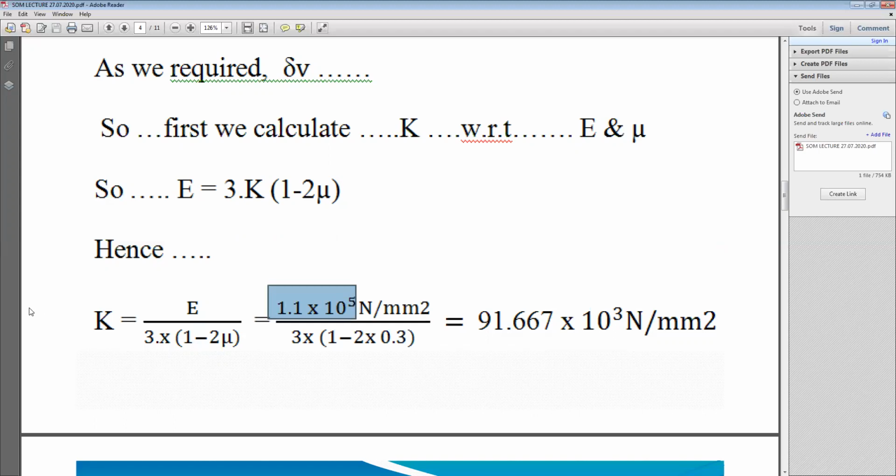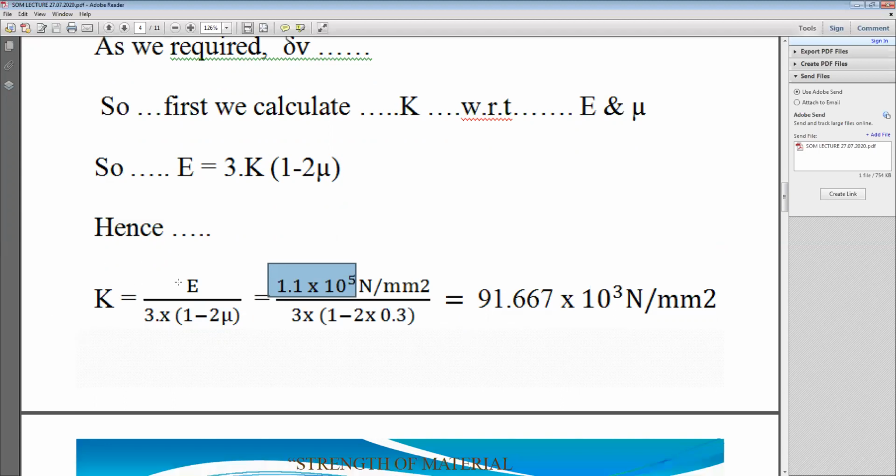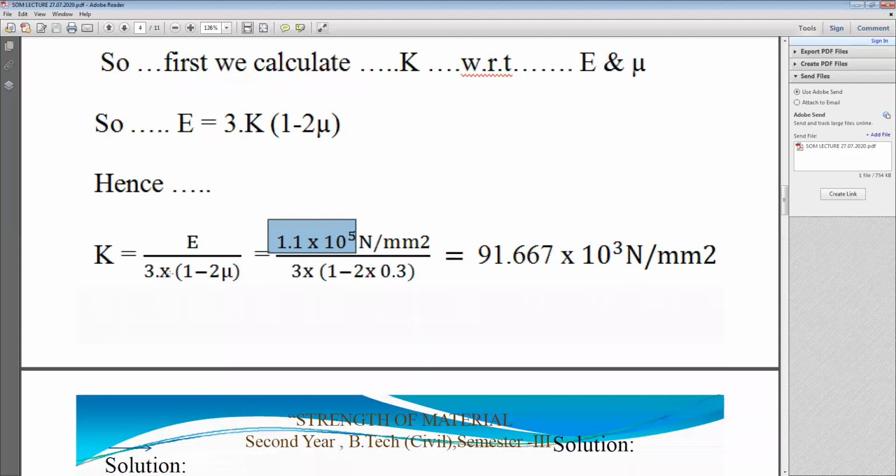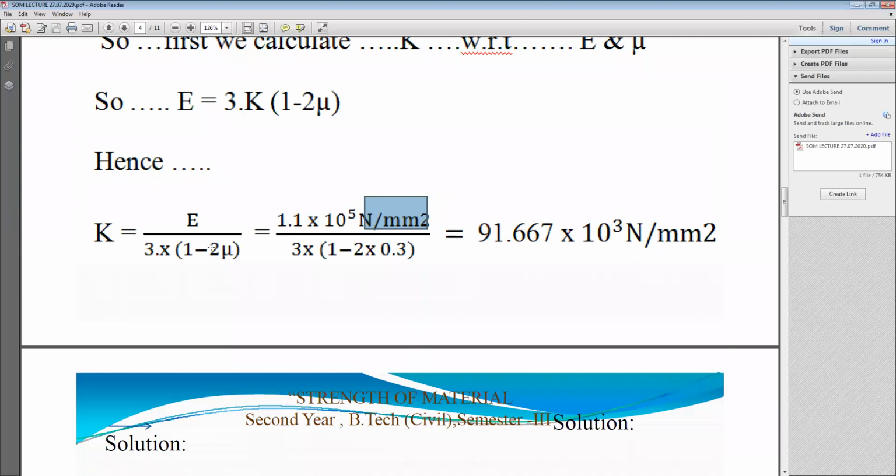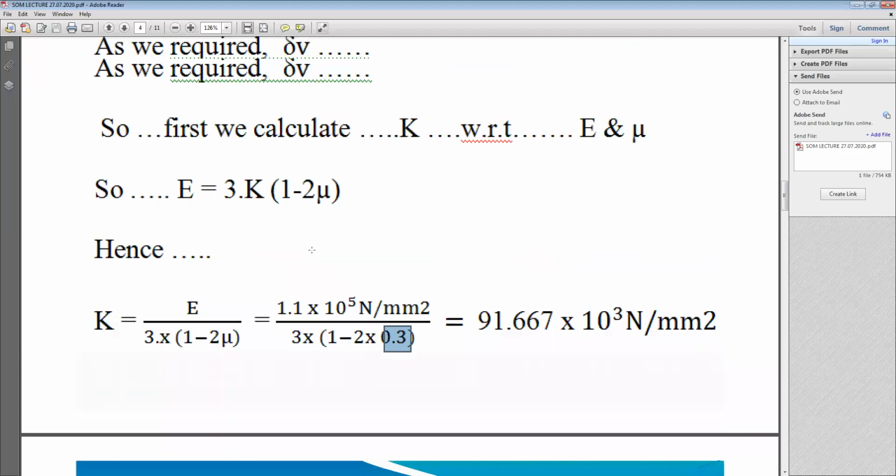I clarified such a concept in a previous lecture. So let us take E in terms of Newton per mm square instead of MPa. After that, what is the value of mu? Mu is nothing but 0.3. So this is the K.